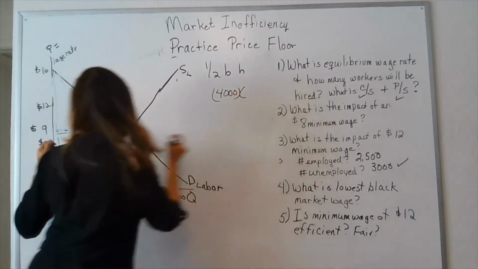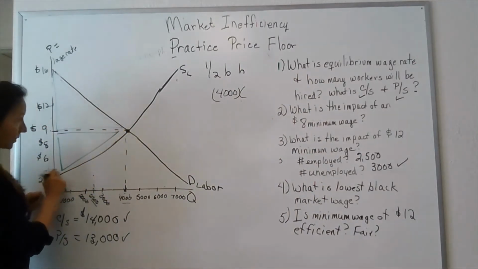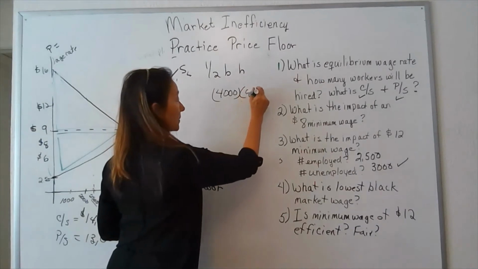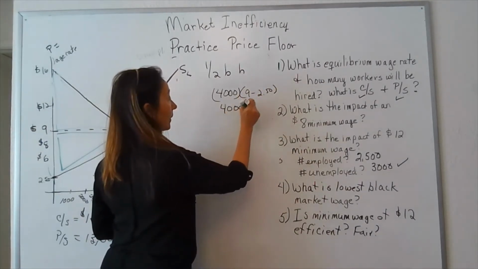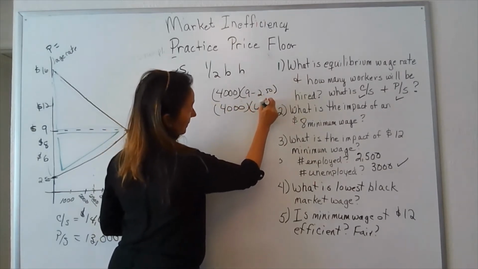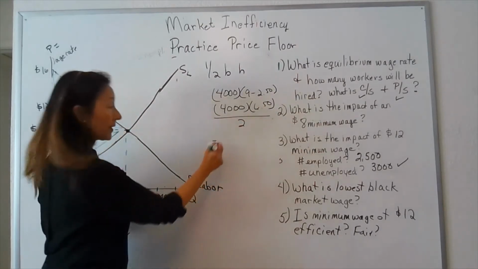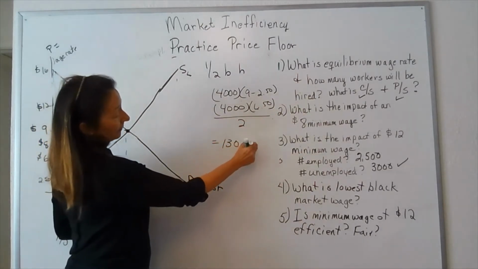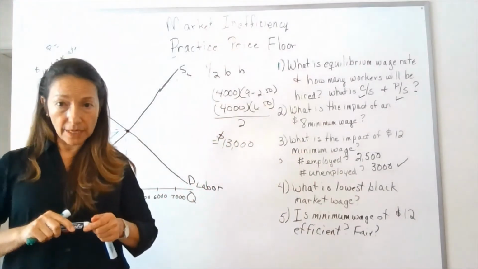And the height is going to be from the $9 market price to the intercept, which is 2.50, so 9 minus 2.50. That's going to come out to $6.50. So 4,000 times 6.50, divided by 2, is going to give us $13,000 of producer surplus with a wage rate of $9.